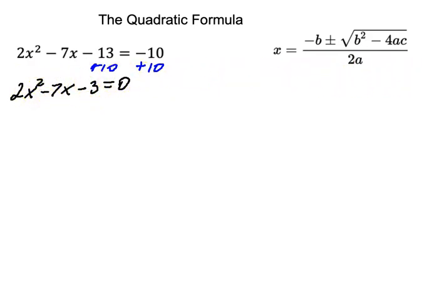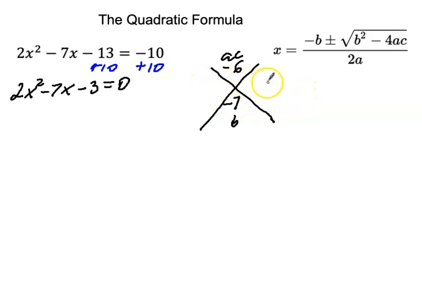So first of all, when would I use the quadratic formula? If I want to factor this left side of the equation, I'm going to get a times c on top and b on the bottom, and I'm going to get negative 6 here and negative 7. So we need two numbers that multiply to negative 6 and add to negative 7.